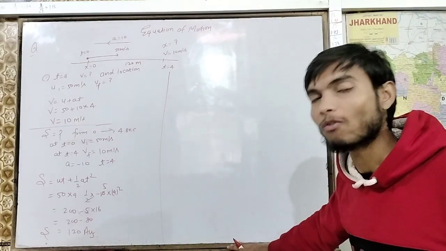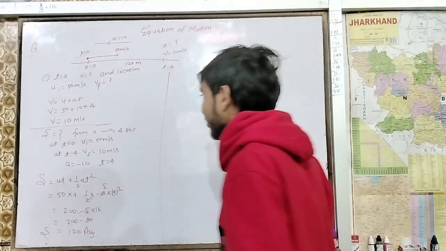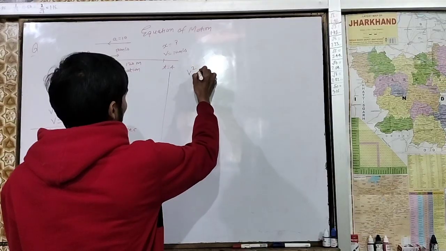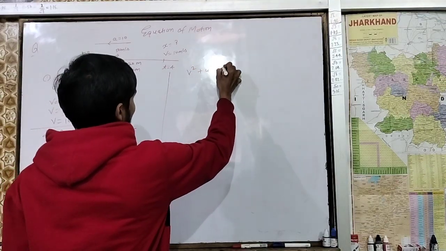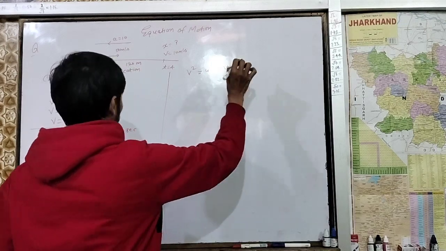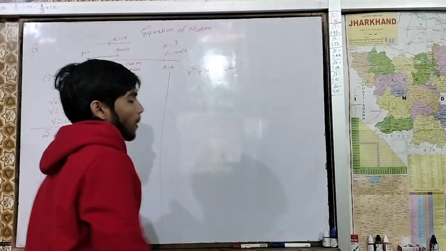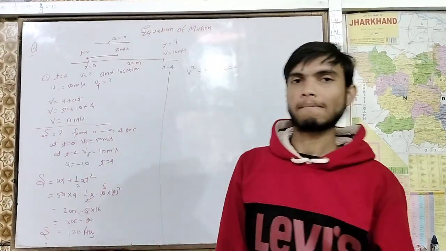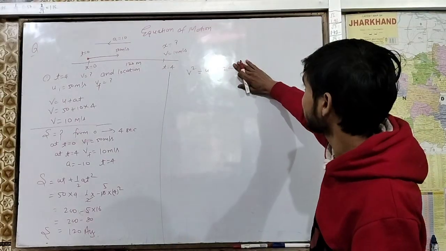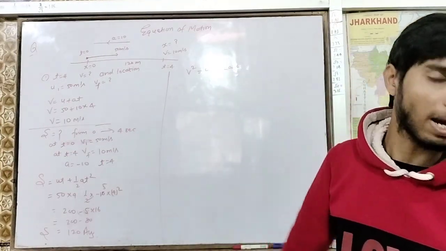For this, we use the third equation of motion, which is v square equals u square plus 2as. S is nothing but location, so instead of s, we will replace this by x.